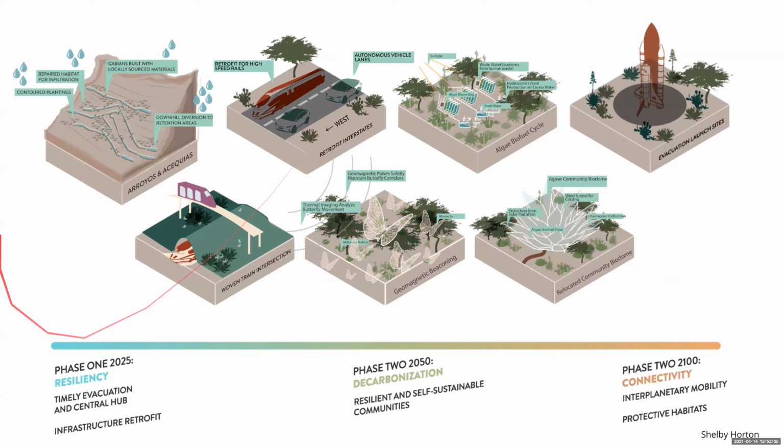So this is our toolkit that we're implementing. This is an example of the Arroyos diagram. So it's a dry creek bed for most of the year, but in flooding events, they would fill up. And on the Mexico side especially, the Arroyos are used for transportation. So like people will drive on them like a dirt road since they're not flooded most of the year.